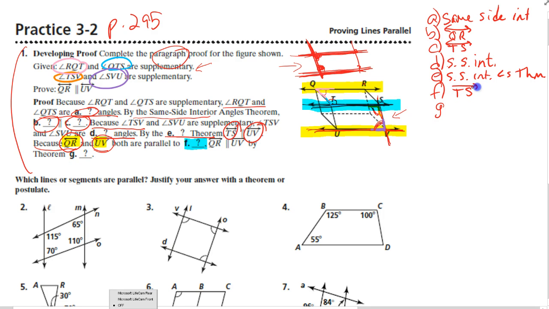QR is therefore parallel to UV because of what? Theorem 3-5, which happens to be the converse of the corresponding angles theorem.